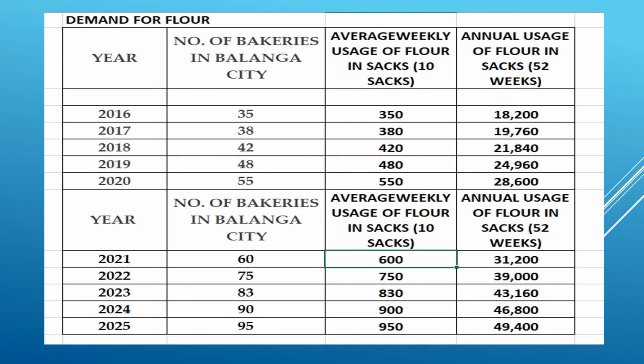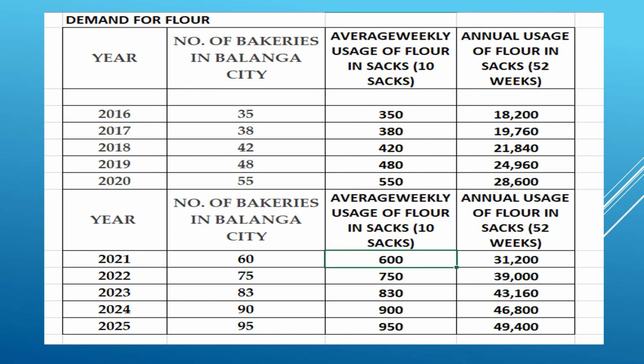So, kung ang average weekly usage daw ng flour, in sacks, ay 10 sacks in a week, multiply ulit natin by 10. O, ilan daw ang bakery? 35. Kada bakery, 10. So, 350 sacks. O, then, yung annual natin, multiply it by 52.